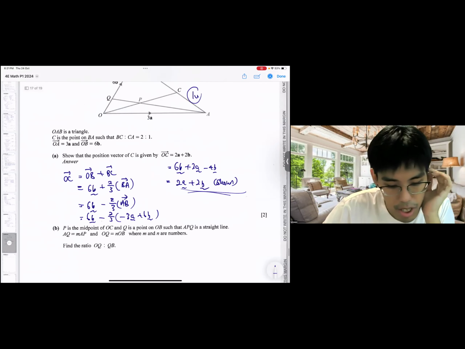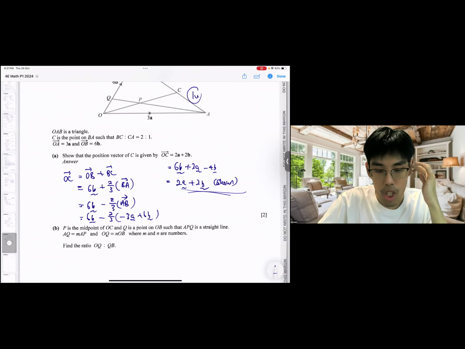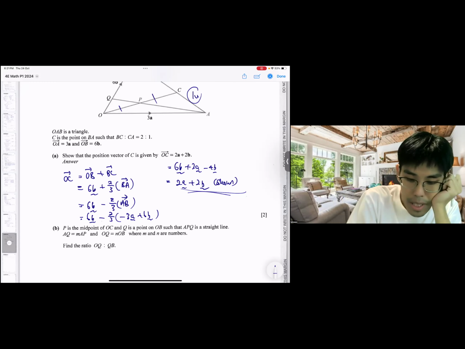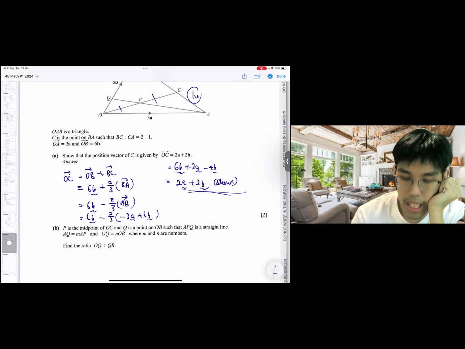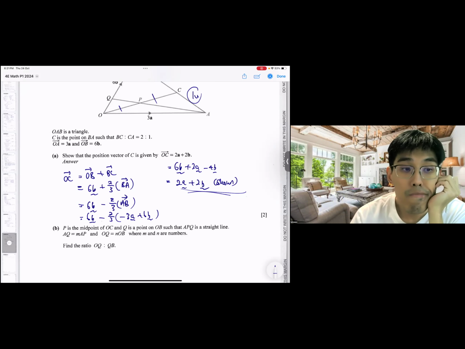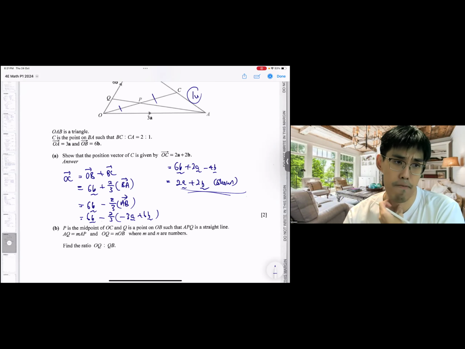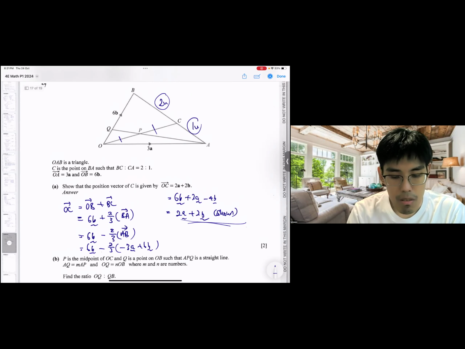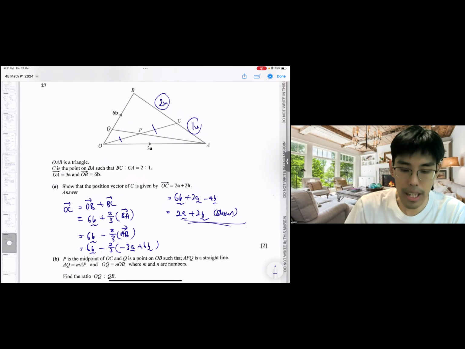Can. Next, P is the midpoint of OC. Q is a point on OB, such that A, P, Q are collinear. AQ is m AP. OQ is n OB.